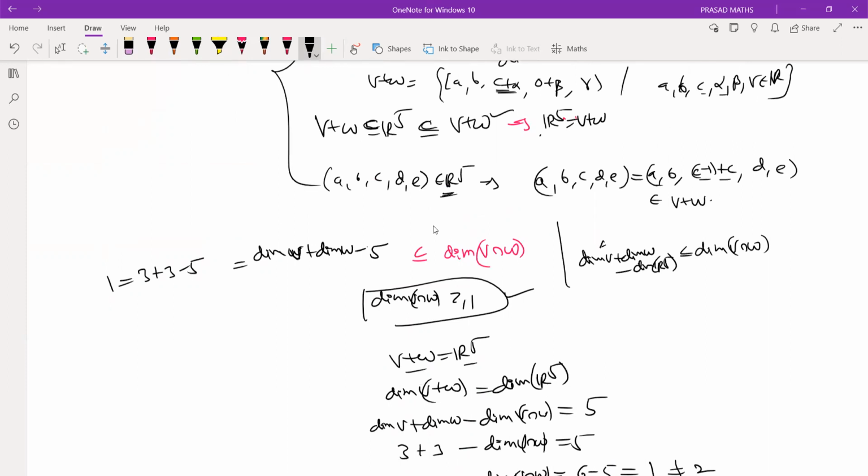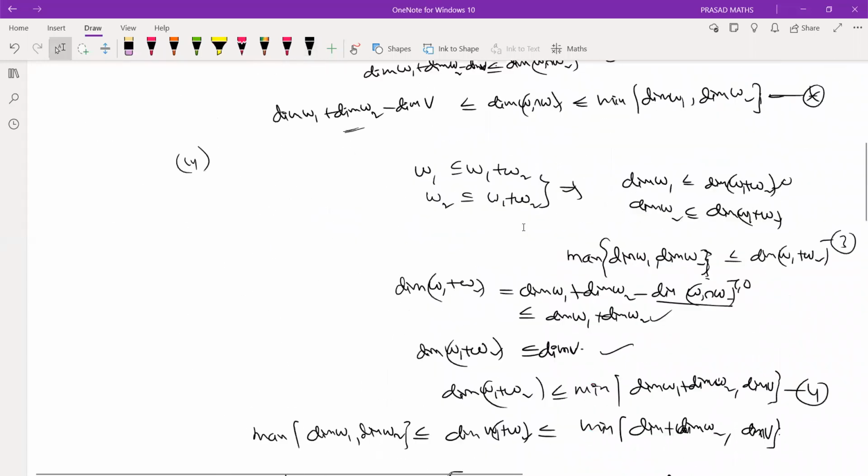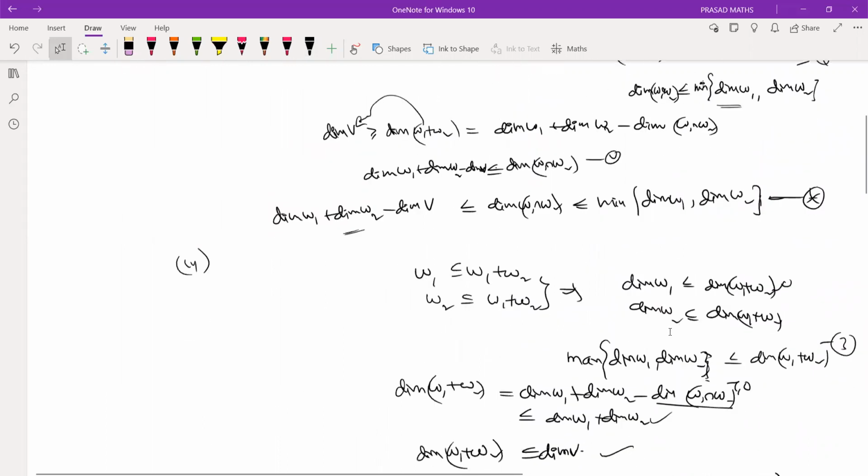This is 3, this is also 3, this is 5. So 3 plus 3 minus 5 is 1. Is it right? You should keep these formulas in mind. These are very, very important.